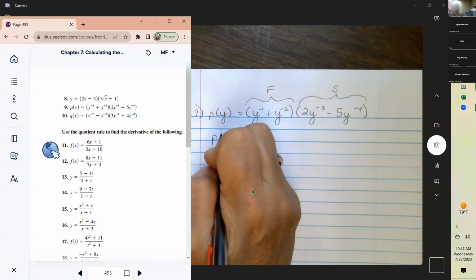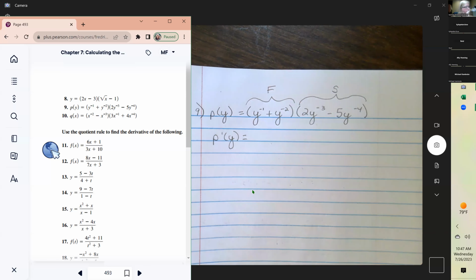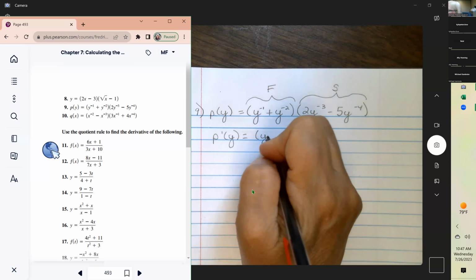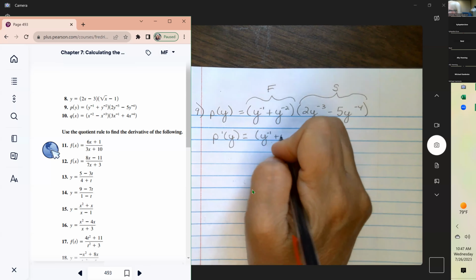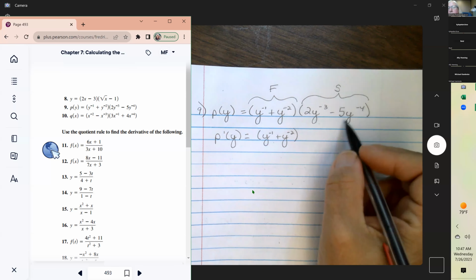Go ahead and find the derivative if you haven't already. First times the derivative of the second.